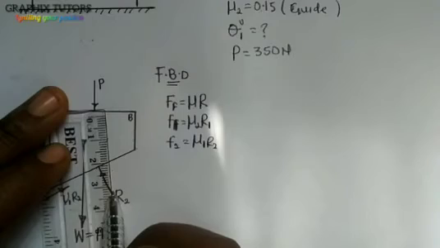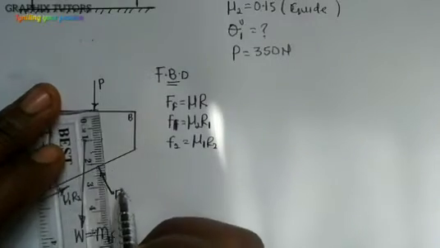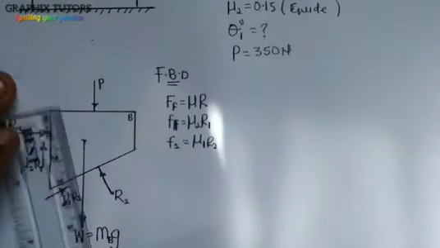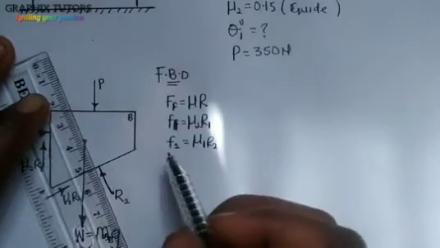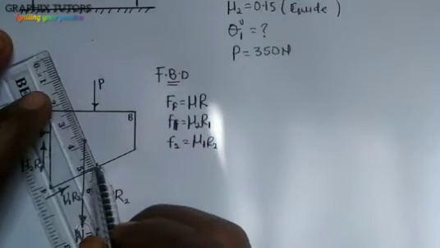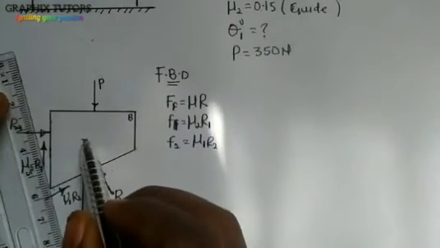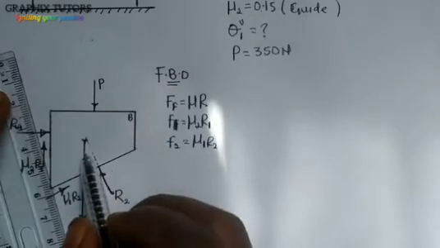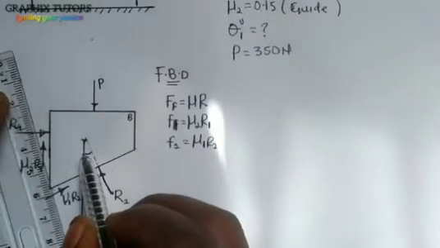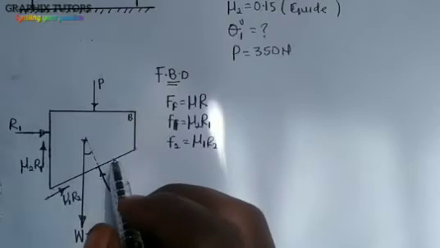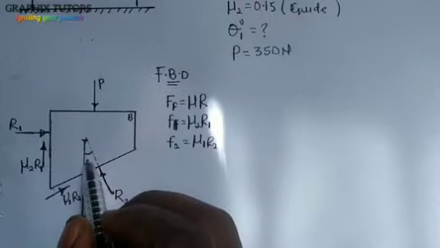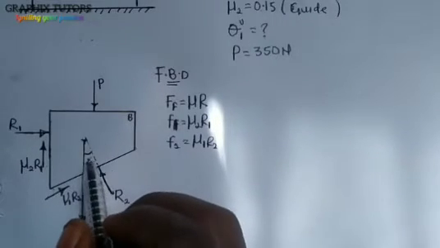If I draw my line of action from this point, I see it is touching this where they are meeting at this point. I'm going to have an angle, which will be given as theta here.